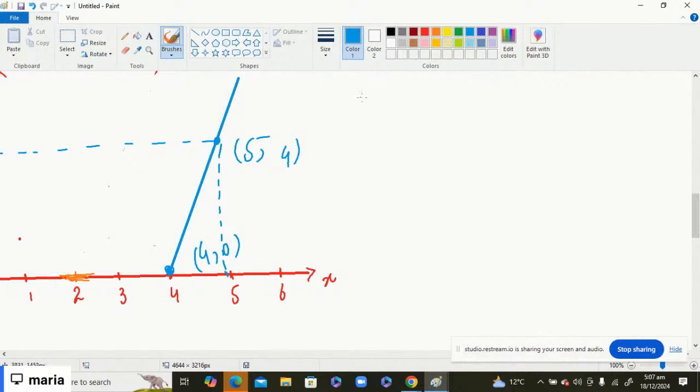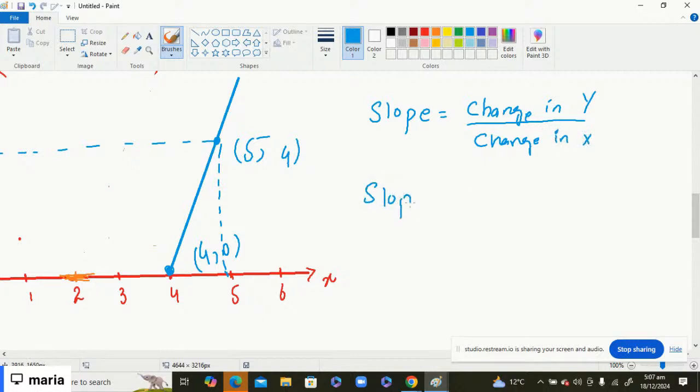Okay, now let's take the slope, which is equal to change in y over change in x. So this is slope, which is equal to y2 minus y1 over x2 minus x1.